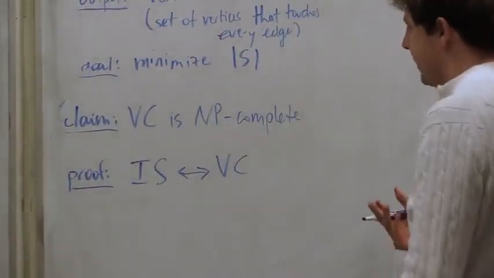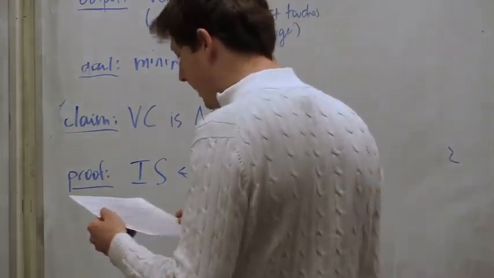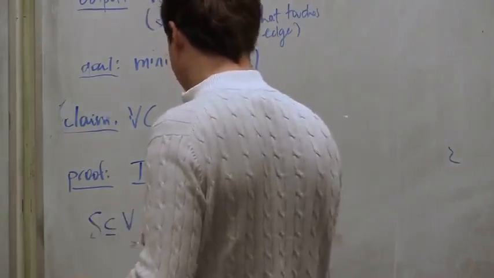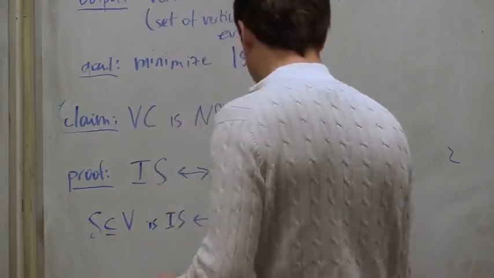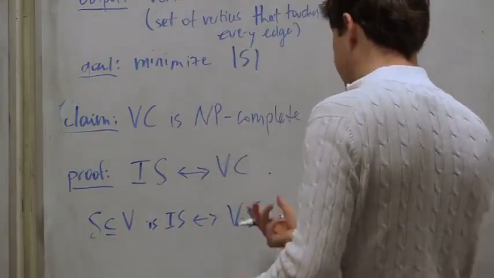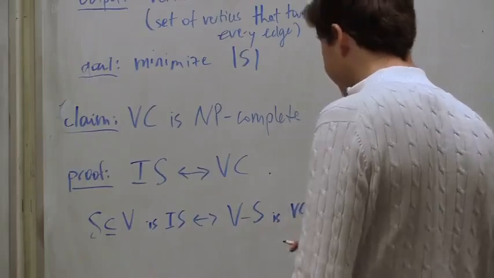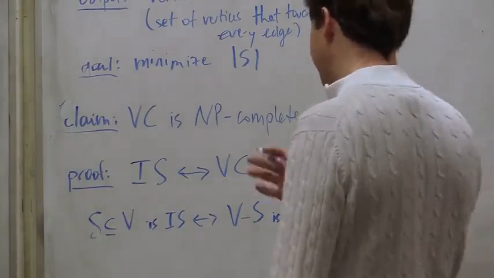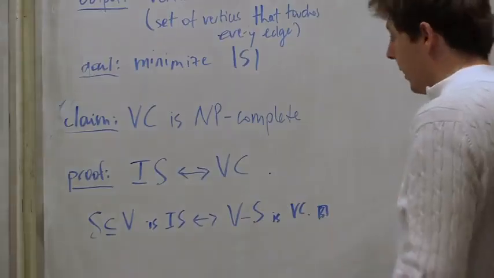We already proved that independent set is NP-complete. The way to see that they're dual problems is that S as a subset of V is an independent set if and only if V minus S, its complement in V, is a vertex cover. So maximizing an independent set or minimizing a vertex cover is basically the same thing.